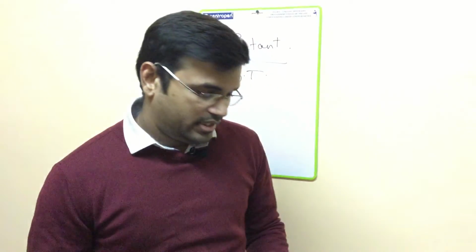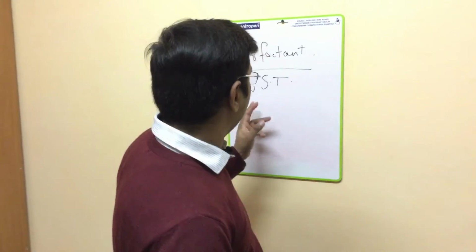And the third function of surfactant is that it reduces the natural tendency of smaller alveoli to collapse and empty into larger ones, and this process is called alveolar stabilization.